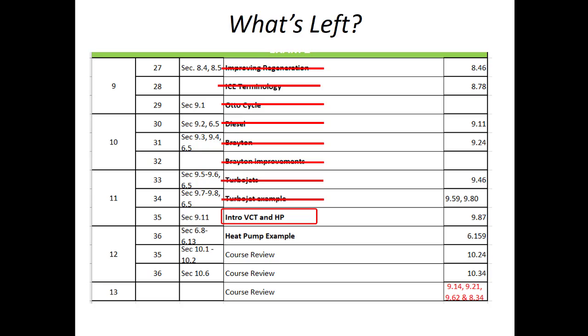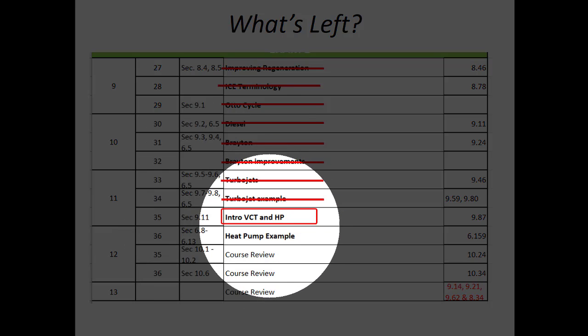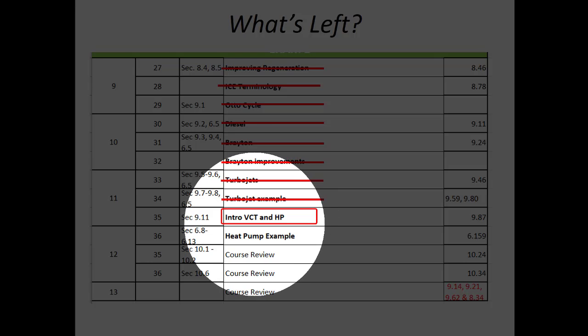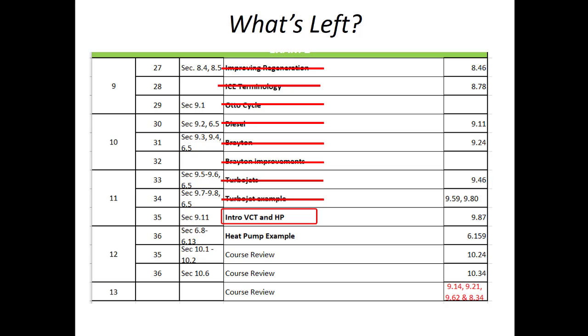So we've been moving through all of these different cycles in thermodynamics, and now we're down to our last new cycle, although I guess technically we'll talk about two different cycles: vapor compression refrigeration and vapor compression heat pumps. Now, it's two cycles, but ultimately it's almost the exact same process.